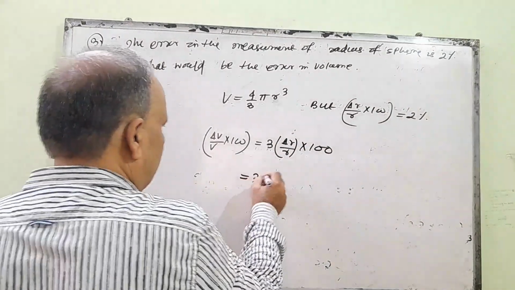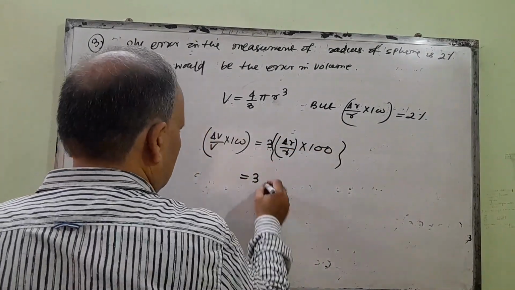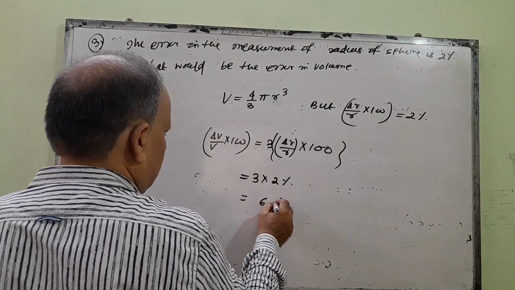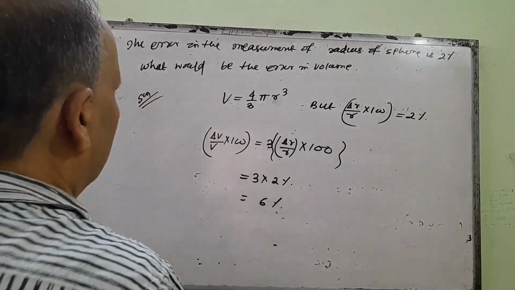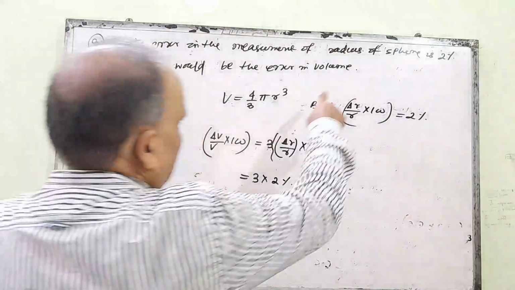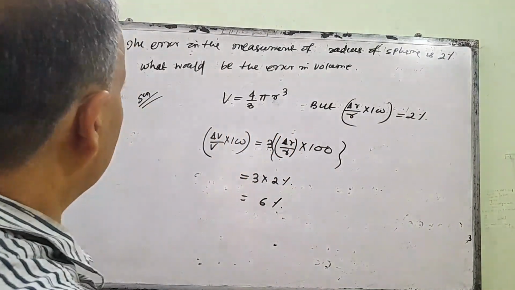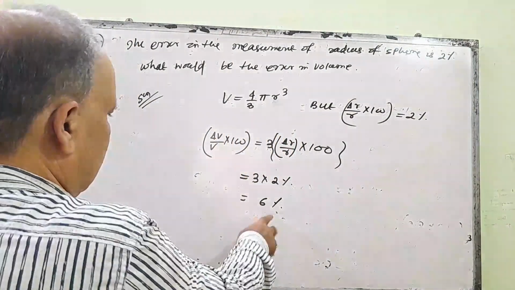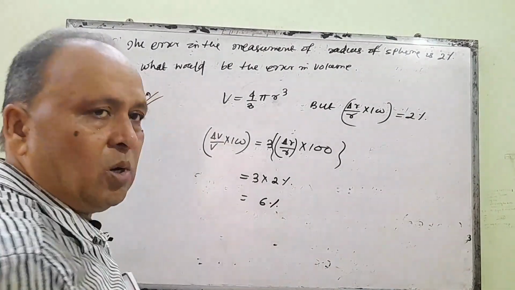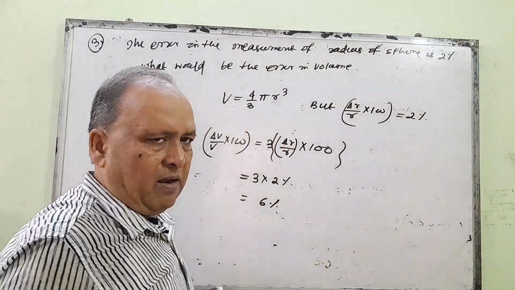That is your 3 into delta r by r into 100 is equal to 2%. That is your what? 6%. If the error in the measurement of a radius of a sphere is 2%, then the error in the measurement of a volume, that means percentage error, that is your 6%. So these are the problems about error analysis.